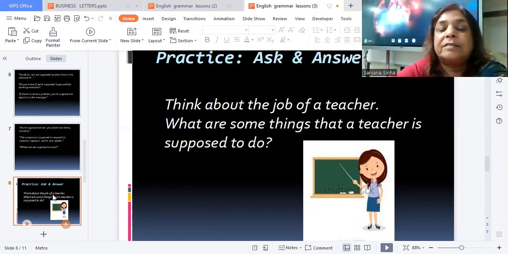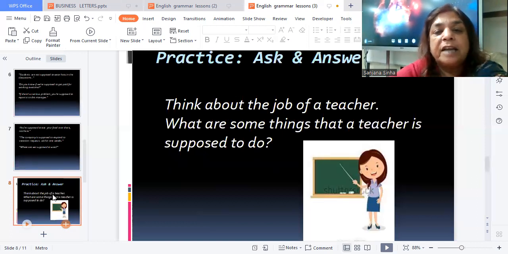Now, the practice ask and answer question is, think about the job of a teacher. What are some things that a teacher is supposed to do? Write on the list. So ask your friend, ask and answer in the class also. So think about the job of a teacher. What are some things that a teacher is supposed to do?